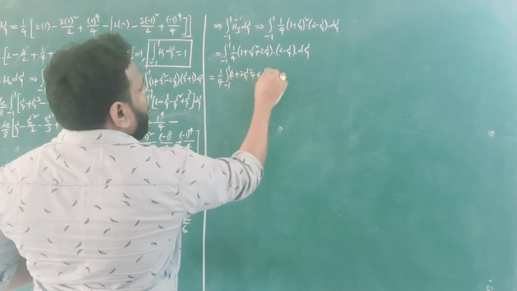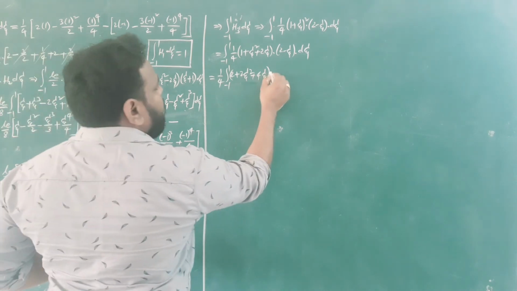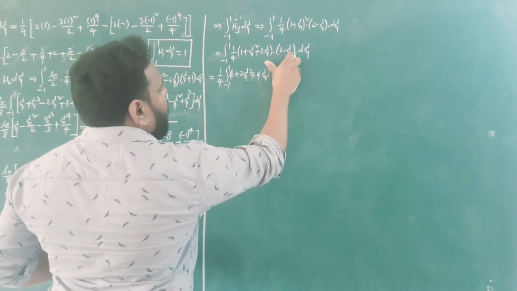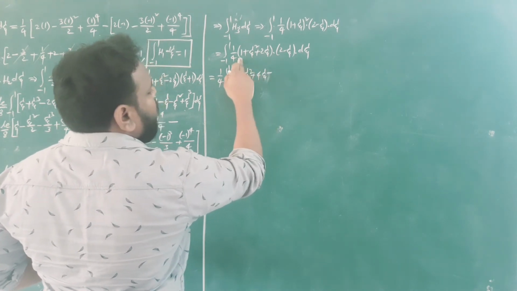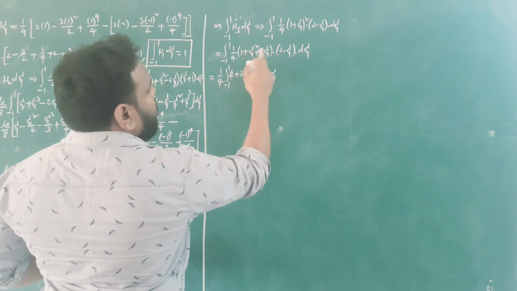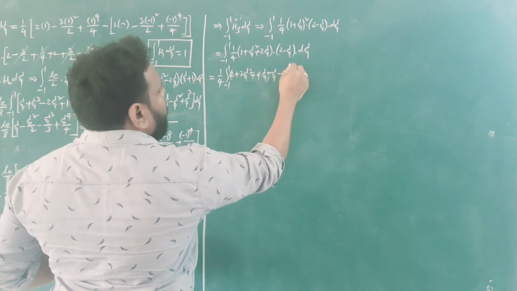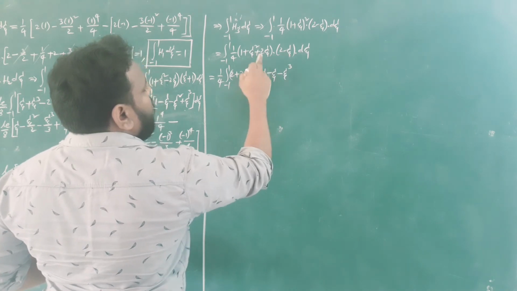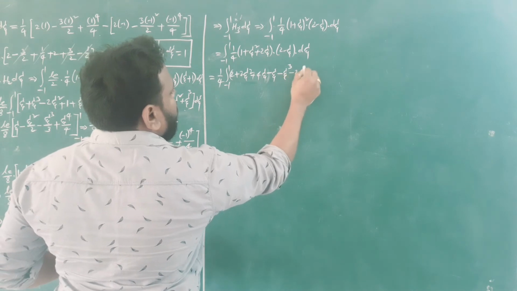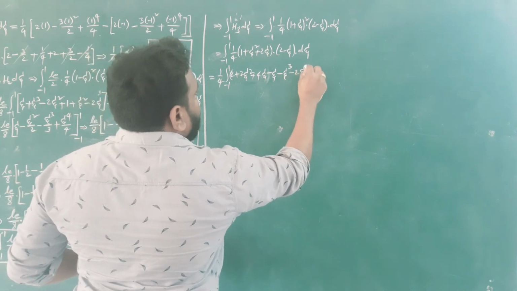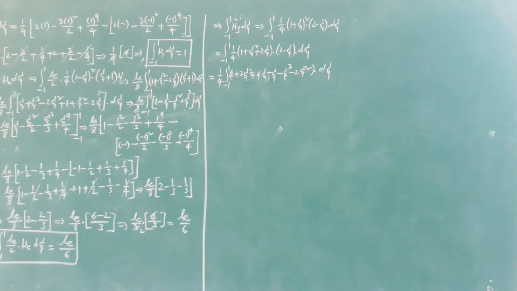After multiplying with 2, I got this equation. Minus j into 1 is minus j, minus j into j square is minus j cube, minus j into 2j is minus 2j square, dz.